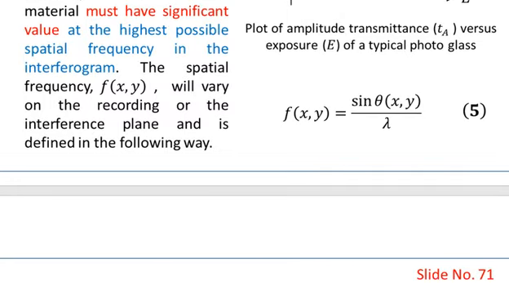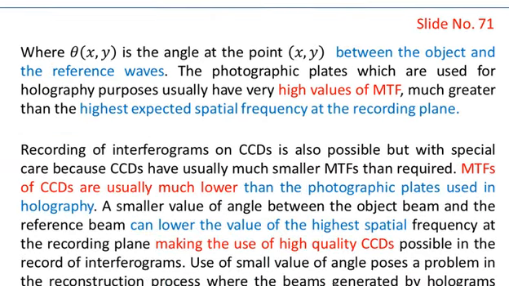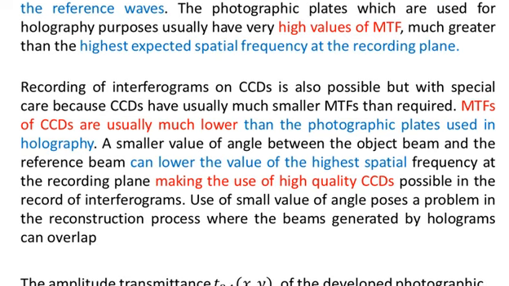But if theta is large, which means f is large, then an ordinary or even a specialized CCD camera would not be able to record the interferogram fringes, because for that we need special photographic films which have a very high value of MTF.